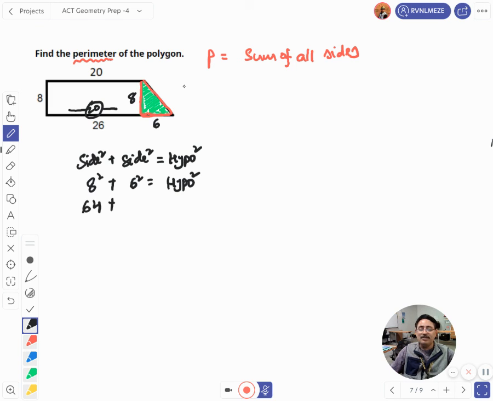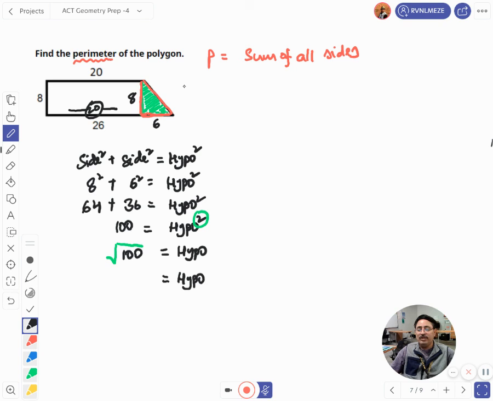It is not 6 times 2, it is 6 times 6, 36. So 64 and 36 gives me 100. That's the hypotenuse square. As I mentioned before, if you are eliminating square, you have to take square root on the other side. So square root of 100 gives you 10 units. So hypotenuse is 10 units.